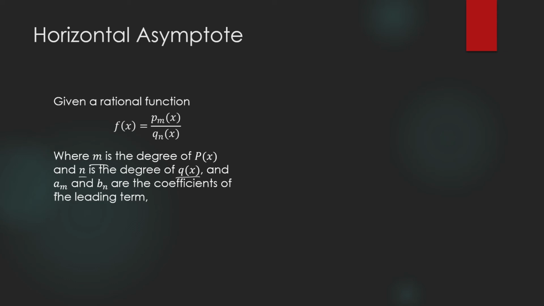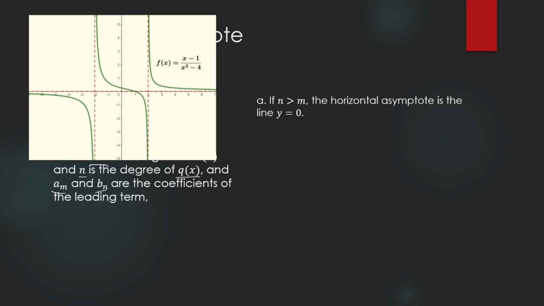And a sub m and b sub n are the numerical coefficients of the leading terms of your numerator and denominator. So we have three conditions. If n is greater than m, the horizontal asymptote is the line y is equal to 0. That is the horizontal axis.